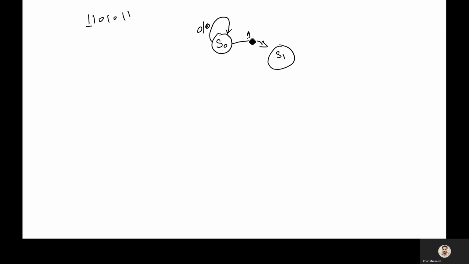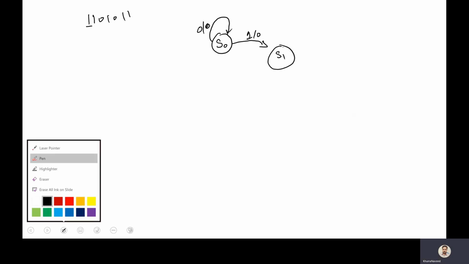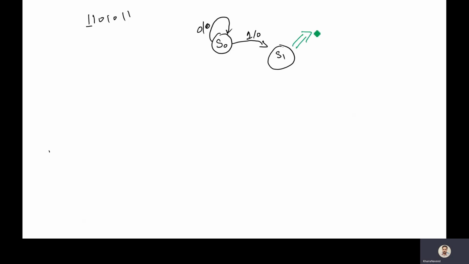So this state corresponds to the detection of 1, right? And when our present state is S1, at that point, if the input is 0, that means we have already detected 1, which is what state S1 represents, and then we get this input 0.